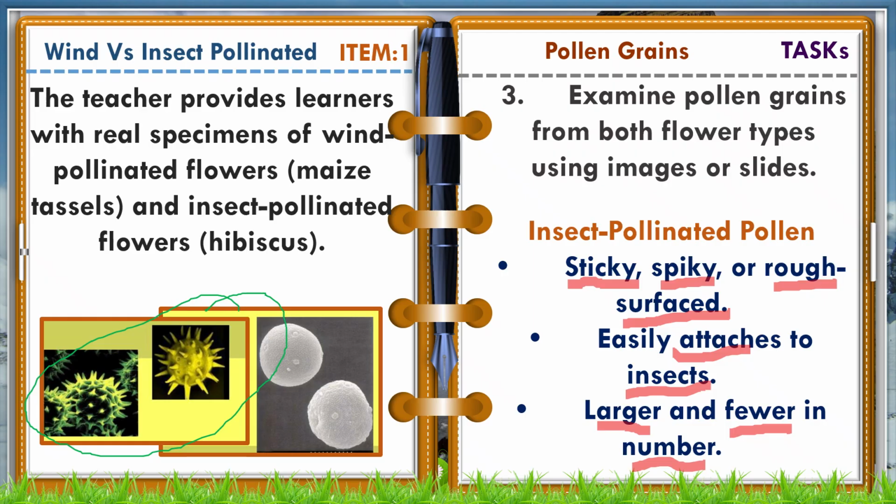So they don't need to be produced very many. They are very few and they are large in size so that they can stick on the surface of the insect and they can be transported to other parts. Because of that sticking, they're carried from one point, taken to another point directly to the stigma. They don't need to be produced in large number.